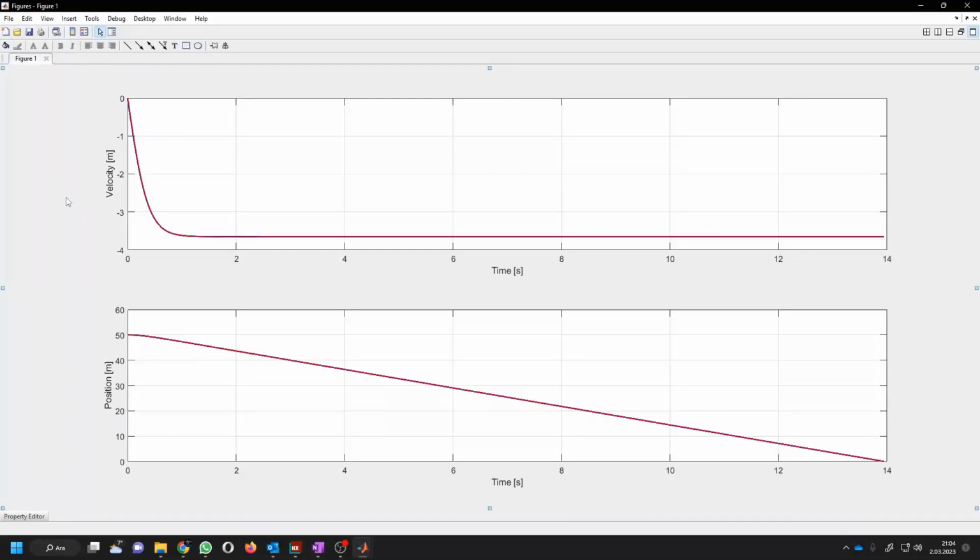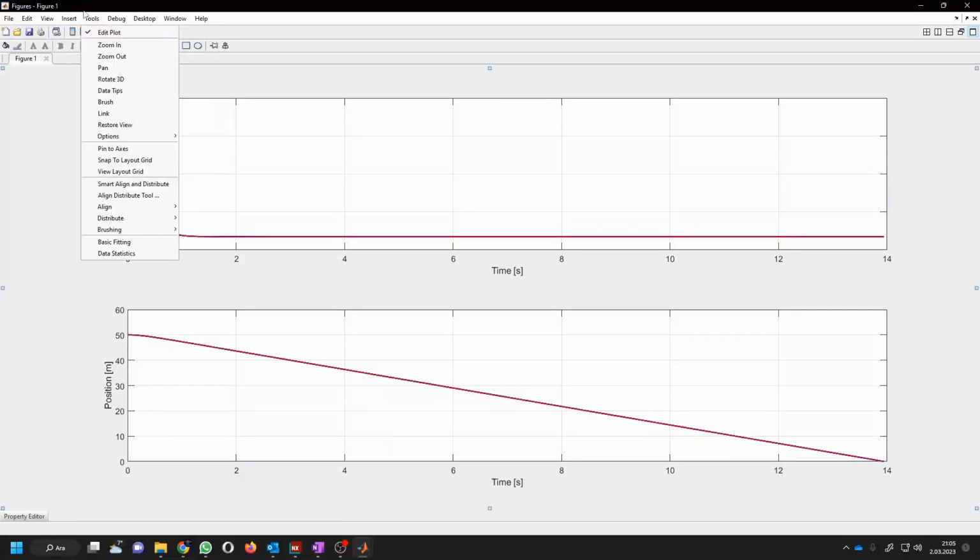So I'm a little bit surprised with the accuracy of my numerical solver. We see that they are exactly coincident. Solutions are exactly coincident.